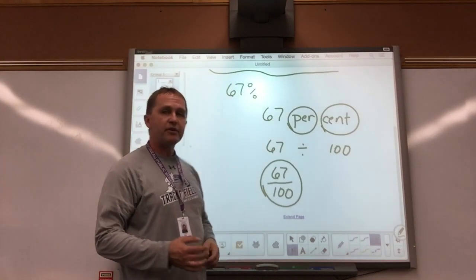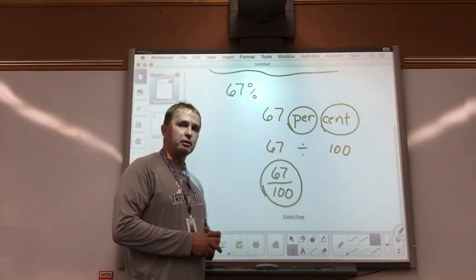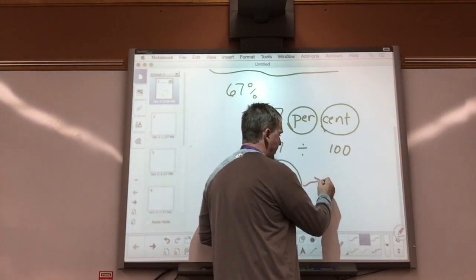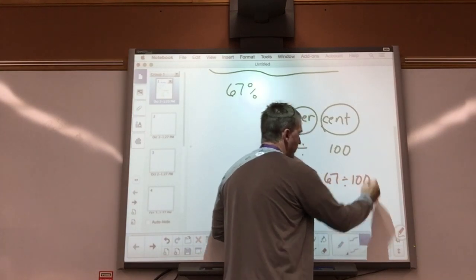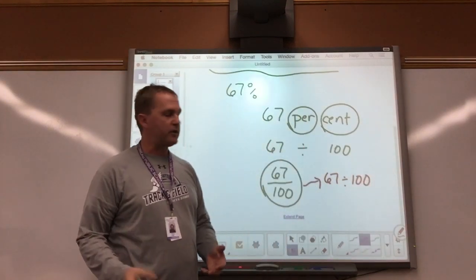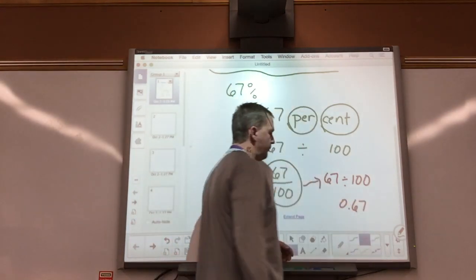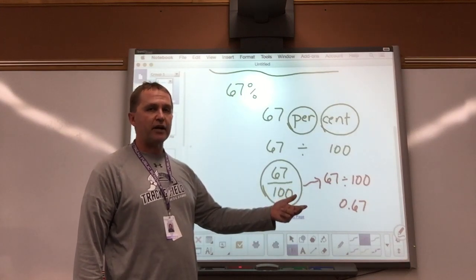Now I get it, sometimes you may not be sure if the fraction is in simplest terms, so what I would urge you to do if that were the case is simply to try taking 67 divided by 100 on our calculator. At that point, the calculator is going to say 0.67, so it's changed it to a decimal, and then you can ask it to change it back to a fraction.